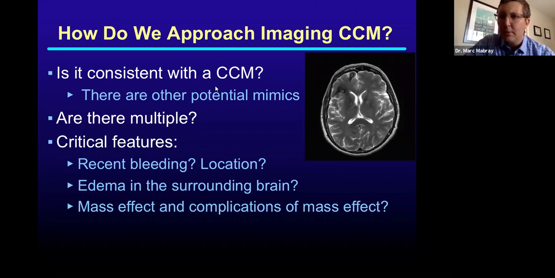So for example, these lesions have probably been there a long time, and there's this dark signal, essentially iron from old blood. And then these bright areas are actually probably inside the cavernous malformation. It's chronic, it's probably been there a long time, but it's more complicated than just the blood signal.